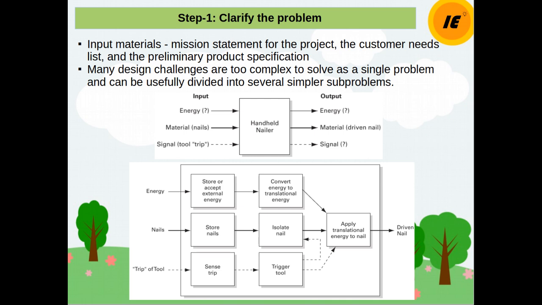So what we understand here is that the clarify the problem part, step 1, is basically more about taking a step back approach, and then without going into the detail of the technology, you just try to divide the whole product or the potential product into various flows, like how the energy flows, what material is inputted, and what material is outputted, and then of course what kind of signal.